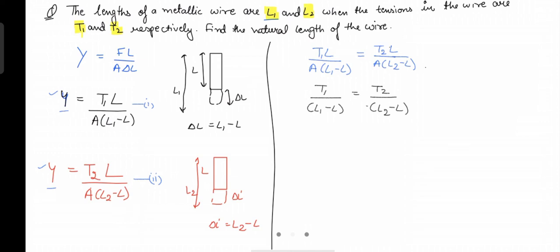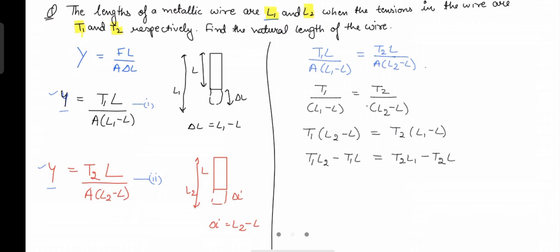If you will cross multiply it, you will get T1, and this value will be L2 minus L, and on this side you will get T2, and you will be having L1 minus L. Now you can multiply them, right? So it will be T1 L2 minus T1 L, which will be equals to T2 L1 minus T2 L.